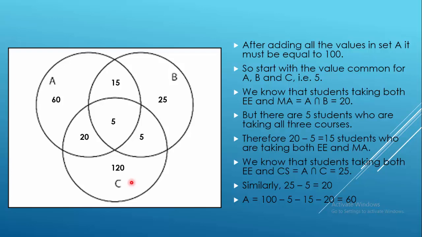So this tells us how we look at the areas. Which area is A intersection B?